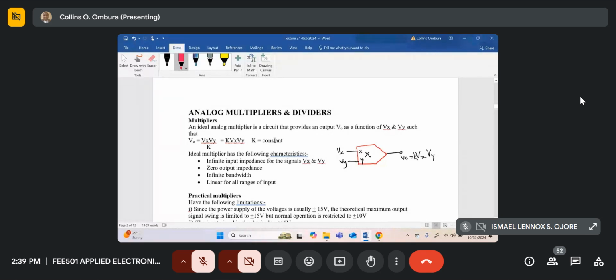So any circuit whose output takes this form, where Vx and Vy are the input voltage variables, is referred to as a multiplier. The symbol of the multiplier is what I've drawn over here. It's normally a rectangle with a triangle on top and an output, where at the two inputs X and Y we apply the voltages Vx and Vy, and the output V0 is some scalar K into Vx and Vy.